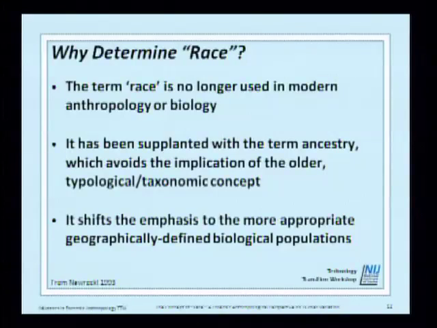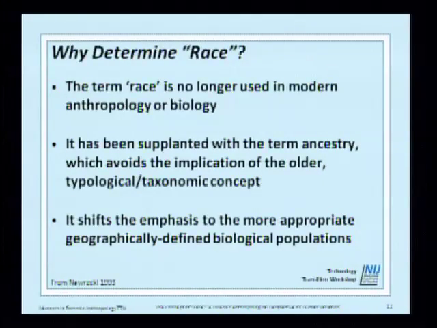So we no longer use the term race. It's the dirty word, right? Even though we are accused of still doing the same thing, we're not. We're looking at human biological variation. We try to avoid the older typological or taxonomic things. Before, they had three major races. They had Mongoloid, Negroid, and Caucasoid, the three main areas that individuals were grouped into.